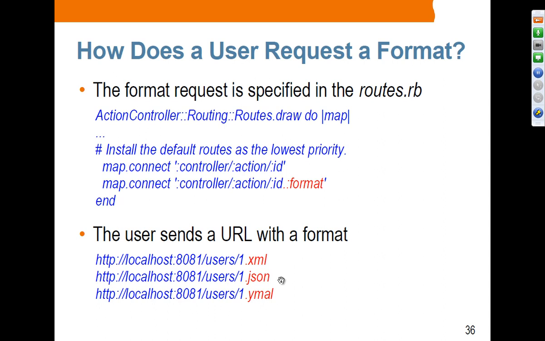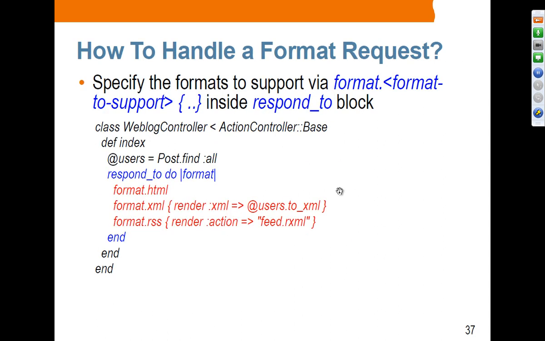Without any format information, the default format, which is HTML, will be selected. But the user can certainly specify this format, and that is also specified in the routing map. When that is selected, then in your code you can use the respond_to method.